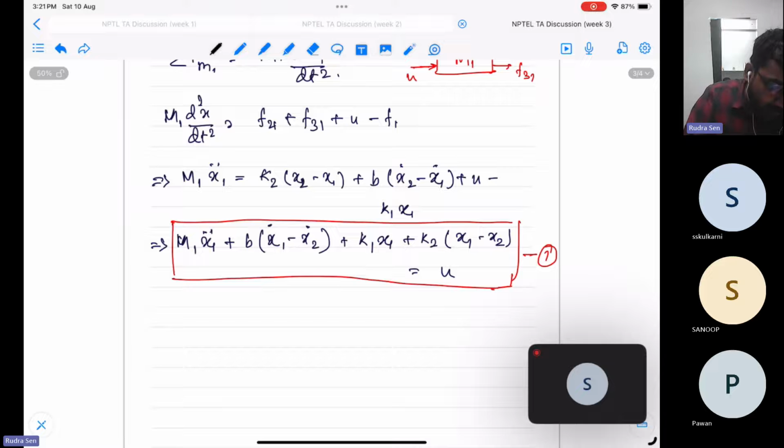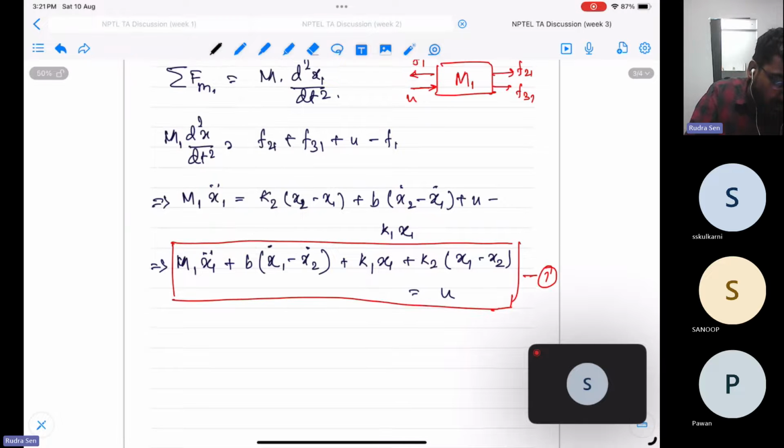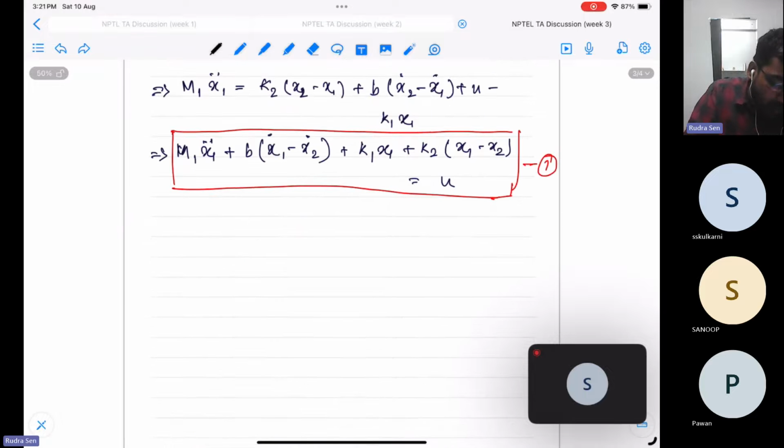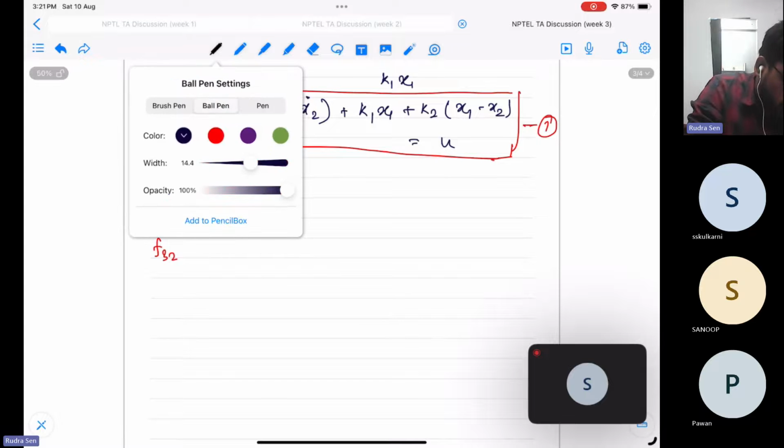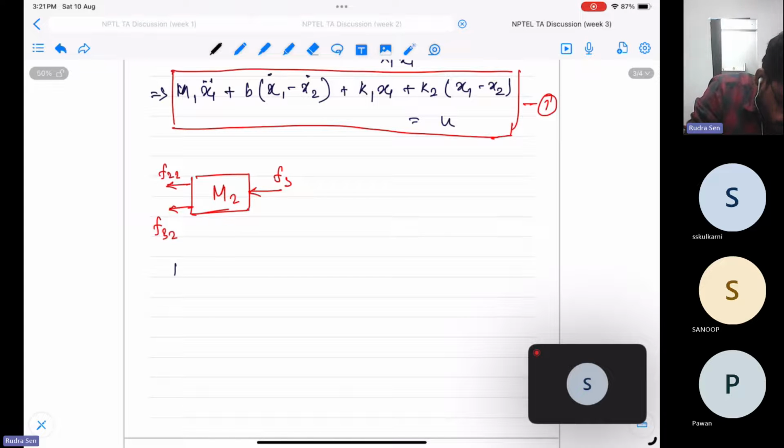For the second case, what is my free body diagram? My free body diagram is this: this is M2. The forces acting on it are F22, this is F32, and this is F3. Okay. So F22 is minus K2 into (X2 minus X1).